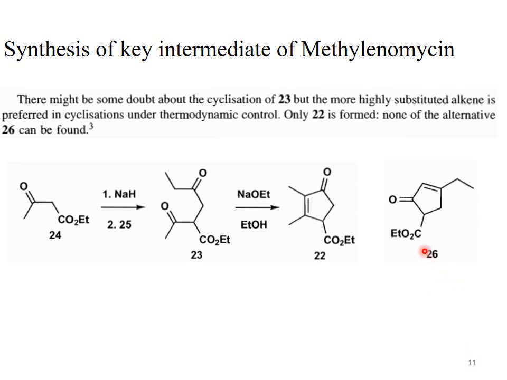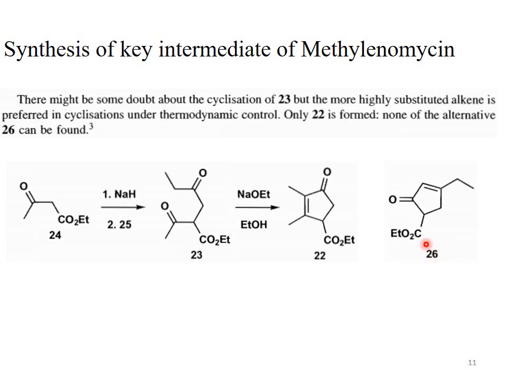This is the structure of 26. Theoretically, it is expected that compound 26 may be formed, but it is never formed during this reaction. I suggest you write the mechanism of formation of 26 from 23, because theoretically it is possible that 26 can be formed.